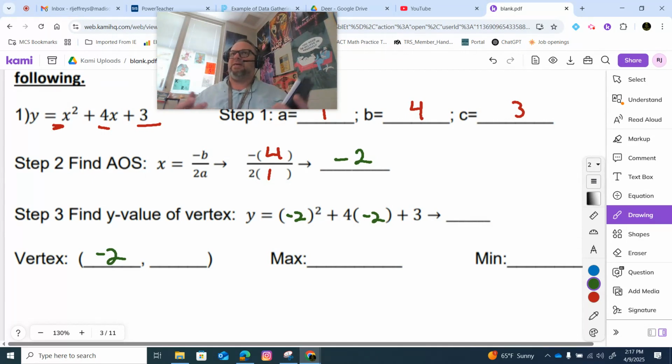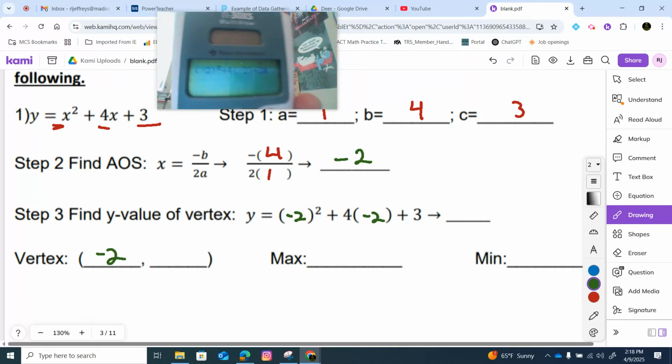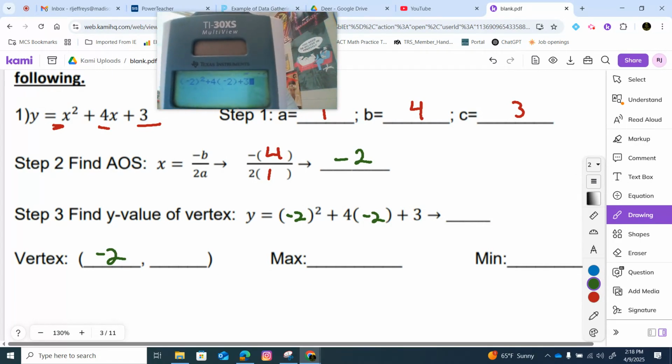Is it on the inside or the outside of the parentheses this time? Inside. Yes, that makes a difference. It deals with that order of operations. -1.